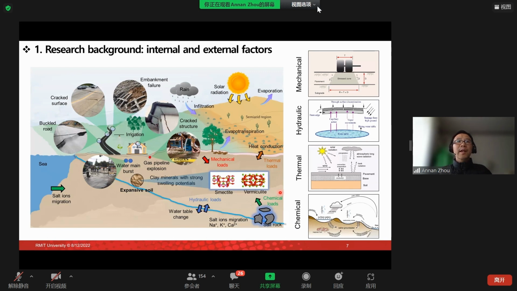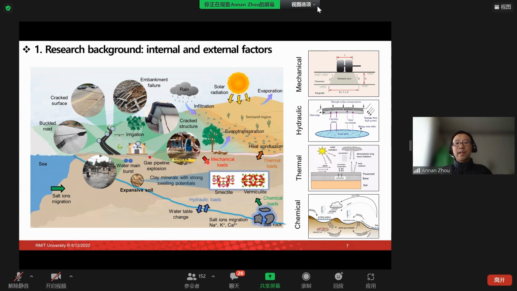So how to tackle the expansive soil problem and how to make use of expansive clay mineral have challenged engineers and researchers for many years, because the properties of expansive soil are extremely complex and very sensitive to many internal and external factors.